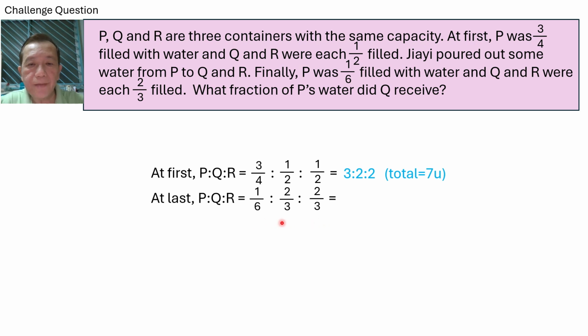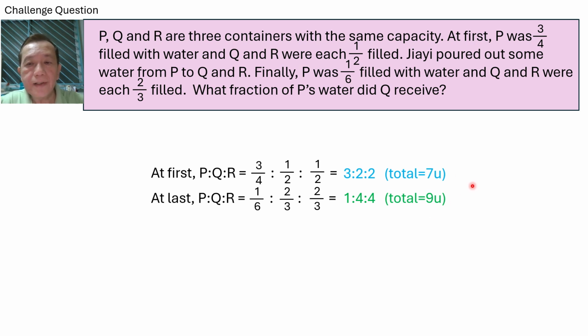How do we simplify this into whole numbers? Look at the denominators. 6, 3, 3. We multiply each of these by 6. We get 1:4 is to 4. Total 9U.